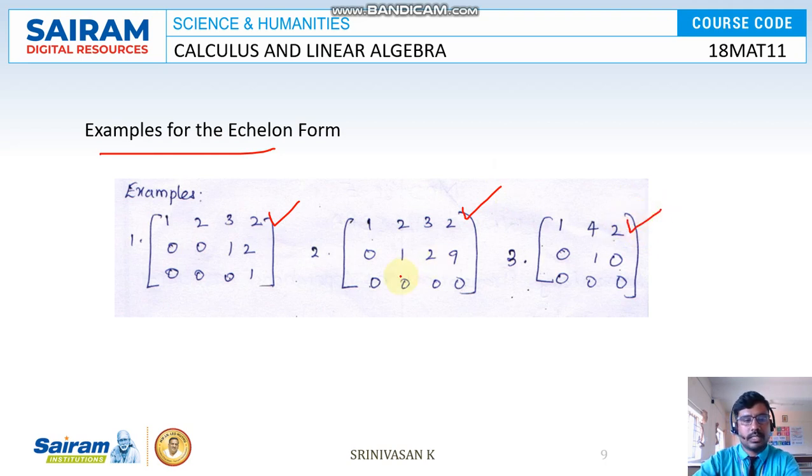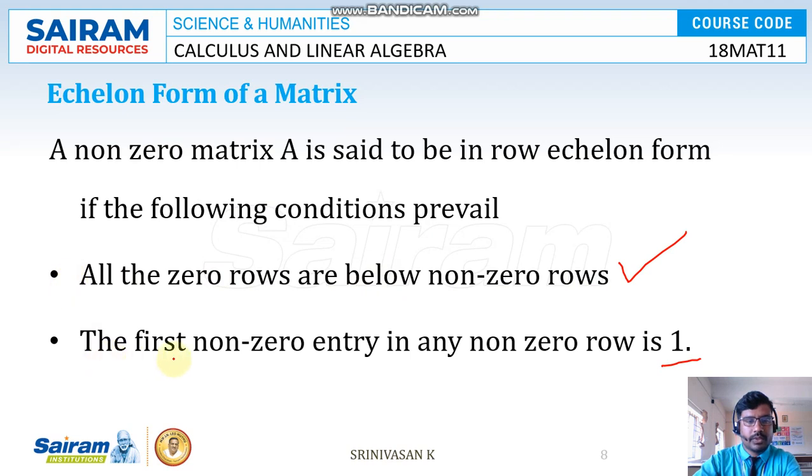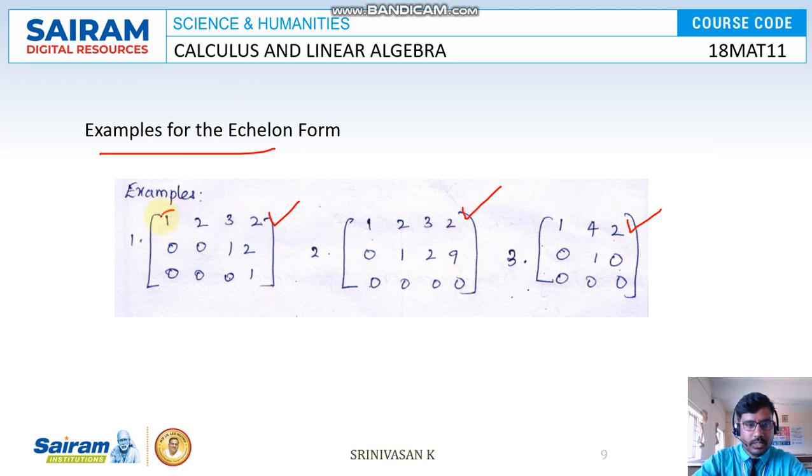Yes. Then what is the second condition? The first non-zero entry in any non-zero row is 1. This is the first non-zero entry, it is 1. In the second row, this is the first non-zero entry, it is 1. And in the third row, this is the first non-zero entry, a 1.